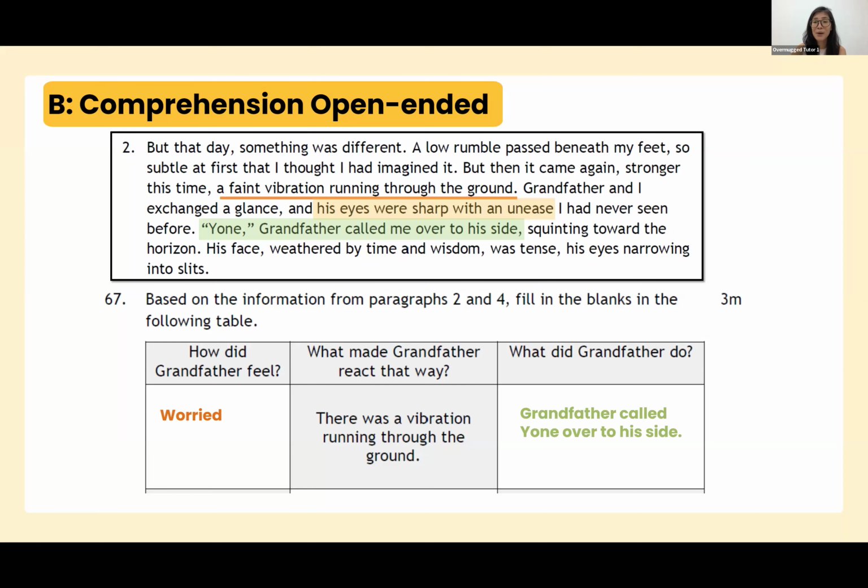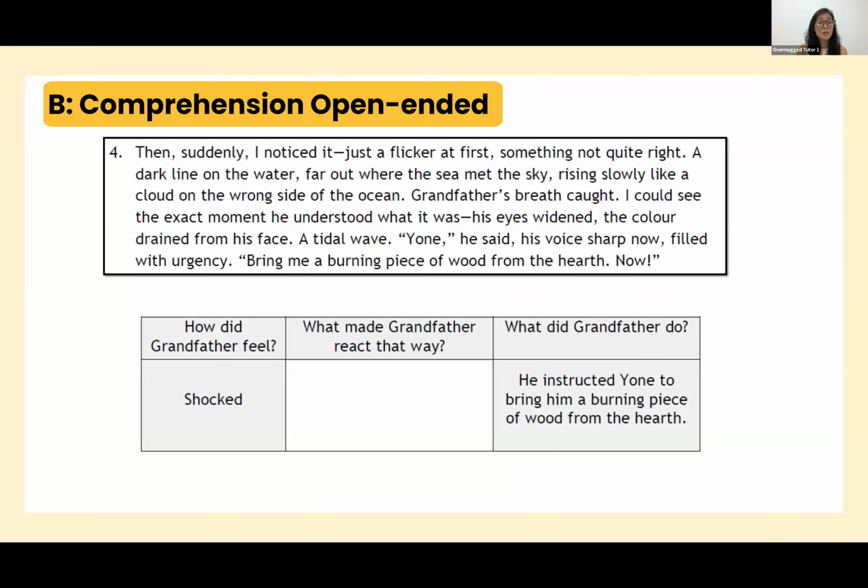Let's move on to paragraph 4. In paragraph 4, Grandpa felt shocked and he told Yone to bring him a piece of wood from the hearth, which is a fireplace. But what exactly made Grandfather react this way? Now, let's go to paragraph 4. Do you see these two lines? They are show, don't tell phrases. His breath caught and his eyes widened. This is to indicate that he was shocked.